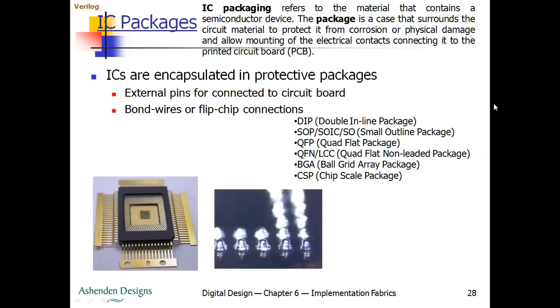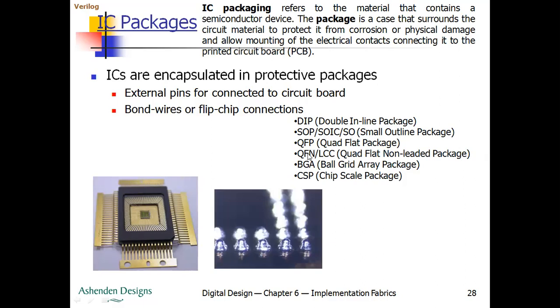So the next concept is IC packages. You can have various kinds of IC packages to be used. For example, I can go for the dual in-line package, the small outline package, or the QFP, quad flat package.